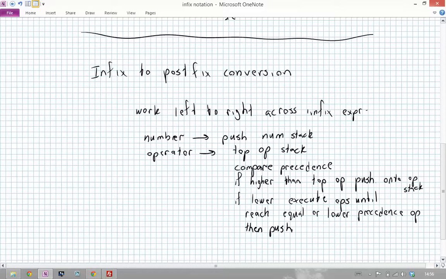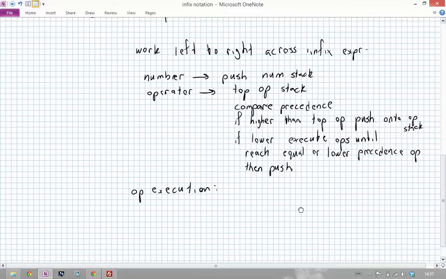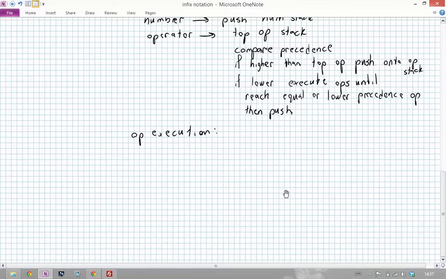When you say execute, at this point we're just doing the conversion. Well, think about what it means to execute. Let's talk about how you execute an op. So op execution: first you see what op you're actually doing. Look at the top of the op stack and determine the operation.